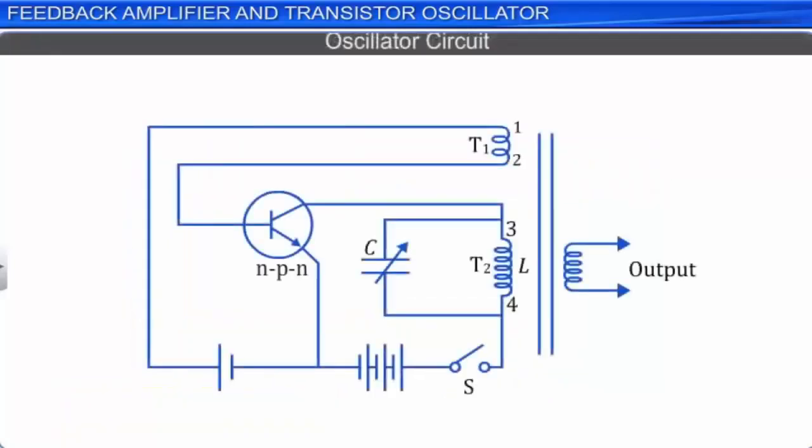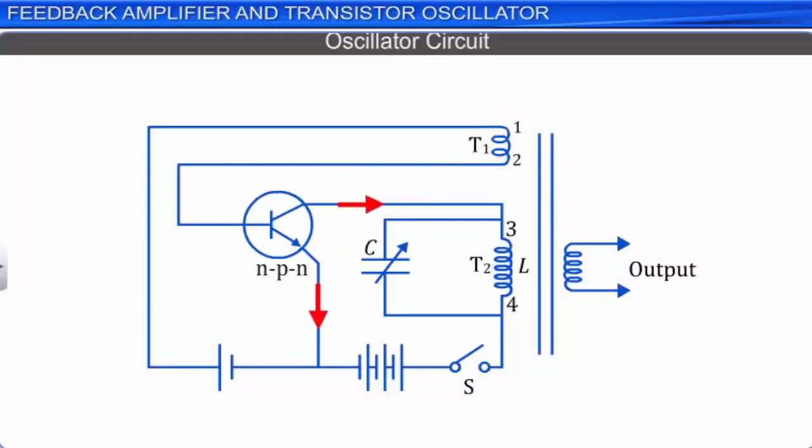A simple circuit used to understand a transistor oscillator is shown here. The circuit contains an NPN transistor in the common emitter configuration, with the base emitter junction forward biased and the base collector junction reverse biased. The input circuit of the transistor is connected to a coil T1 across terminals 1 and 2.